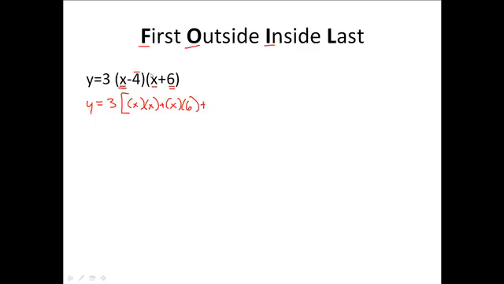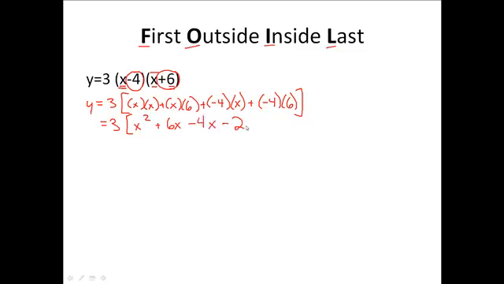This would be an inside term, that would be an inside term. So plus a negative 4 times x. And finally the last term. So our last term is going to be negative 4 and positive 6. So plus negative 4 times positive 6. So if we do our multiplication here, we end up with x squared plus 6x minus 4x minus 24.